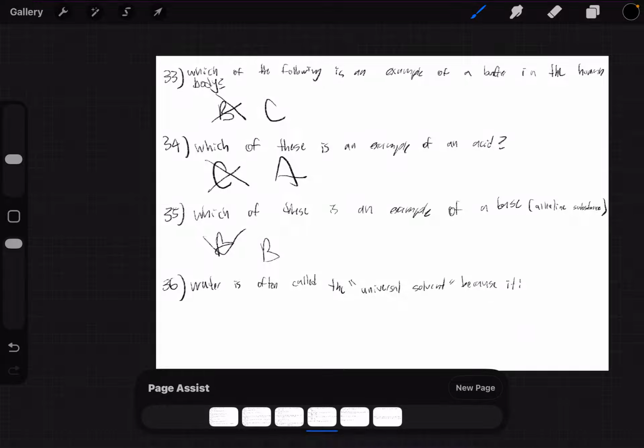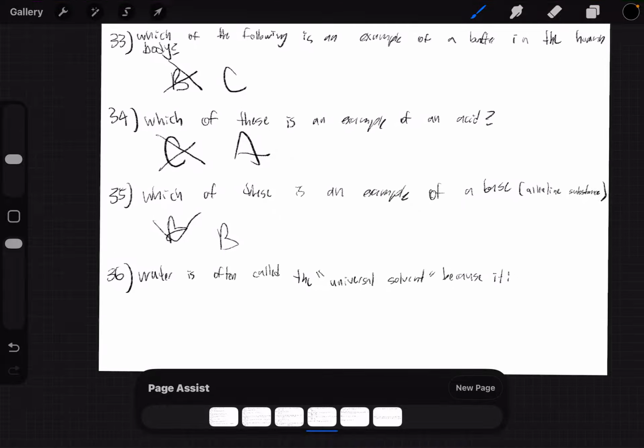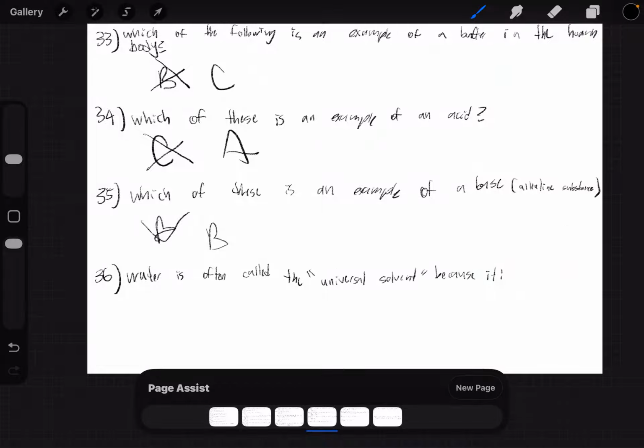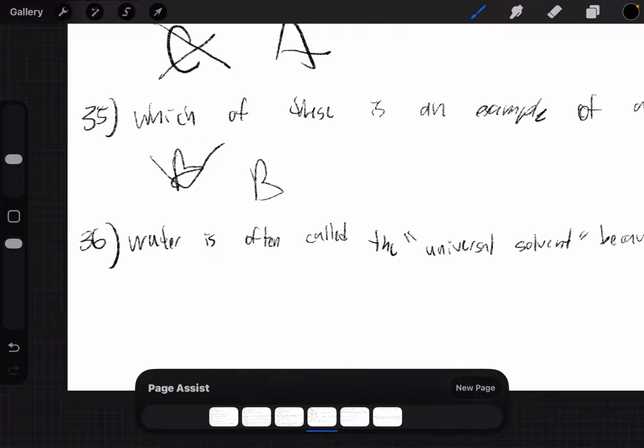Okay. For 36, water is often called the universal solvent because it. So the answer for this was A, and it was indeed A. And A was actually can dissolve many different solids.